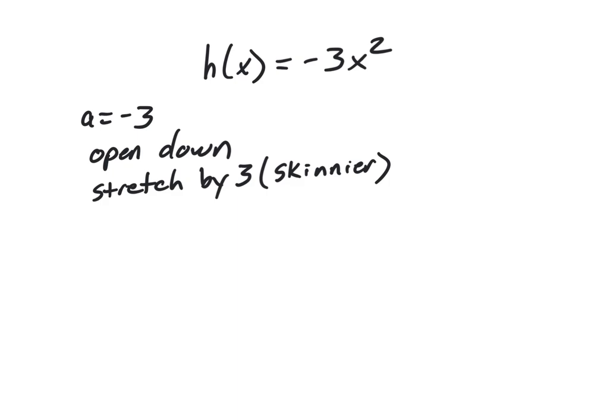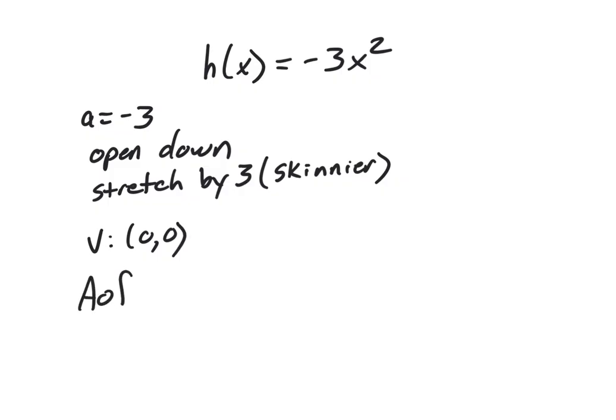So if I stretch something, it's going to make it skinnier, right? It's going to thin it out. The other word that sometimes is used is compression, where I'm going to compress down, and that's going to make the U get a little bit wider. But skinnier versus wider. My vertex here is 0, 0, because there's no b and c values.